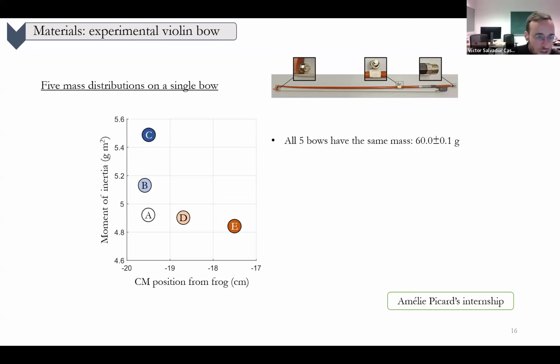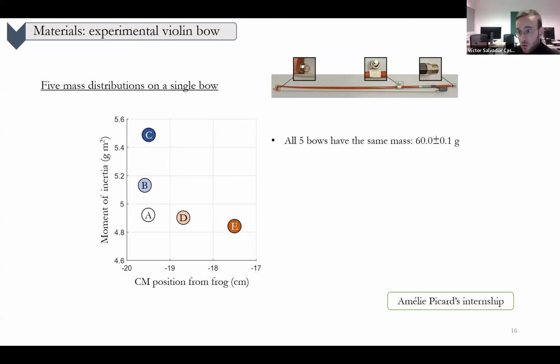So for example, here in the diagram, we have bows A, B, and C. I will refer throughout this presentation to these bows as if they were different bows, even if we can discuss whether they're the same bow if we are changing the mass distribution, but I just want to make it clear that it's always the same stick to which different combinations of magnets at different positions have been added.